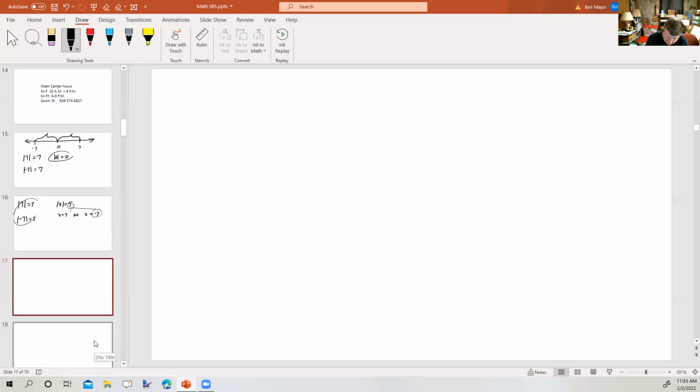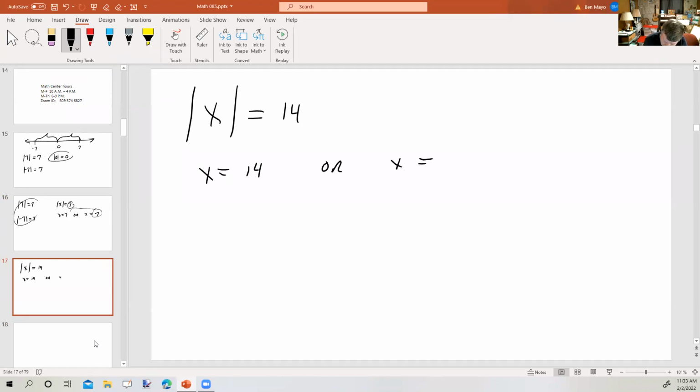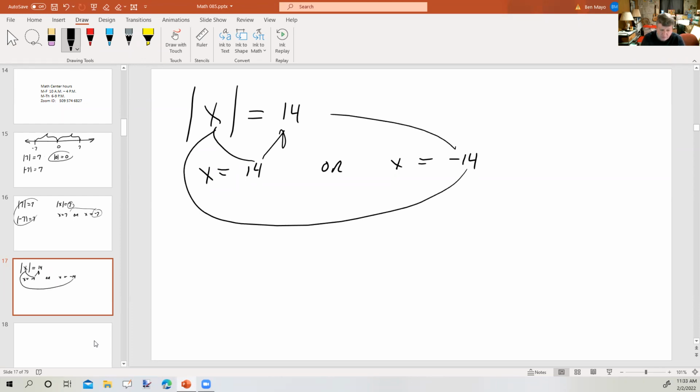All right. Suppose we had the following equation. The absolute value of x is 14. What values could x be? Well, x could be 14, or x could be the opposite of 14, because the absolute value of 14 is 14. The absolute value of -14 is 14. Any questions on that?